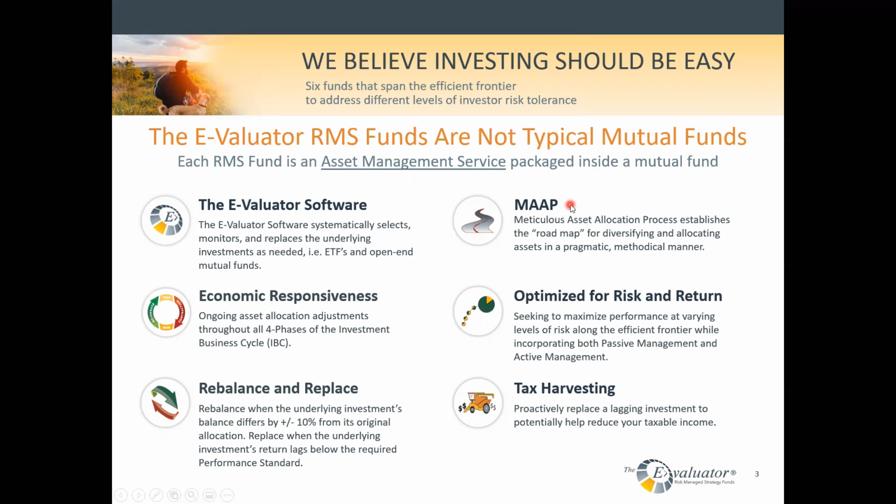We identified what our meticulous asset allocation process is. It's our map. We have also identified and discussed rebalancing and why that's beneficial during turbulent times. This part two of the two-part series is going to focus on economic responsiveness and optimizing our allocations.